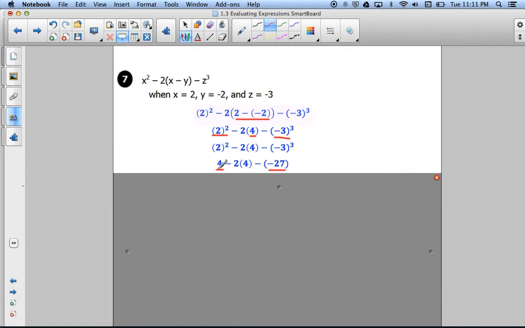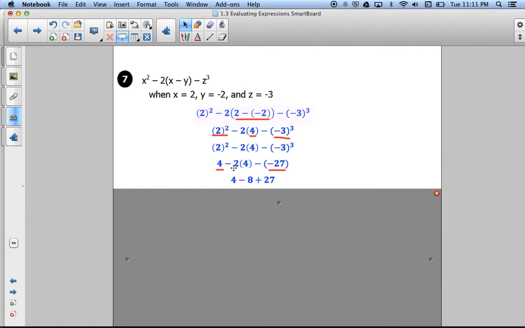So you'll see we've simplified our two exponent expressions. Now we'll handle our multiplication, which is negative 2 times 4, which gives us negative 8. And I see a keep, change, change. I simplified that to a positive, plus 27. That's like a minus negative. It's almost like multiplying by negative 1, which is why I did it in the multiplication step.